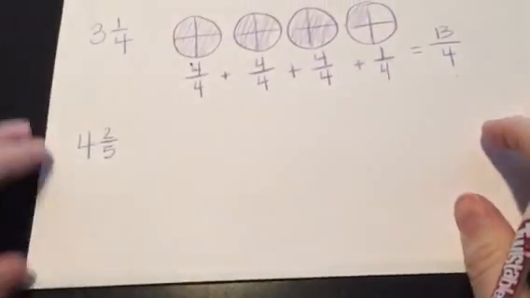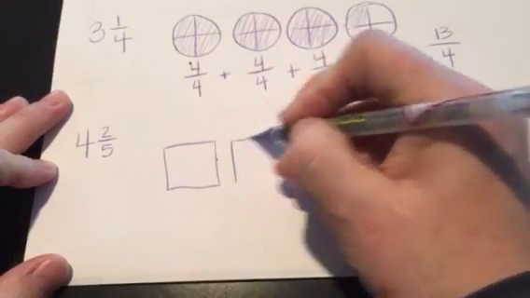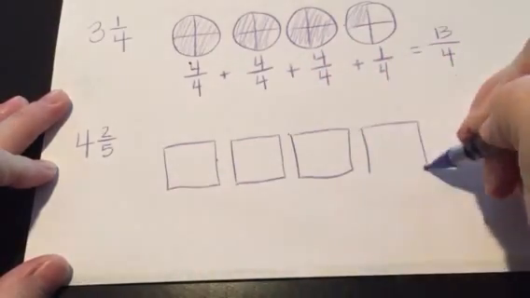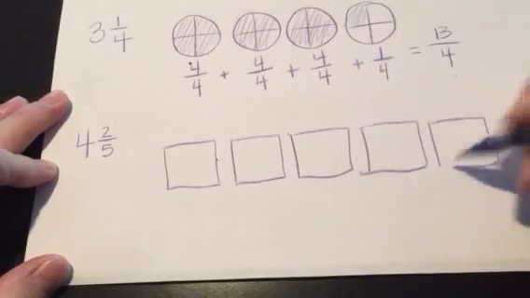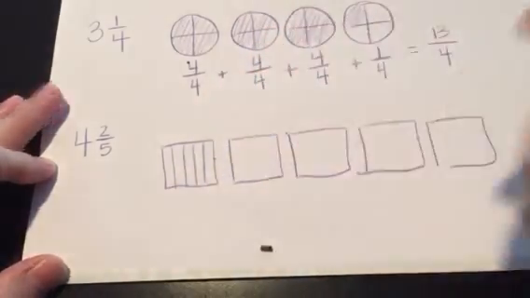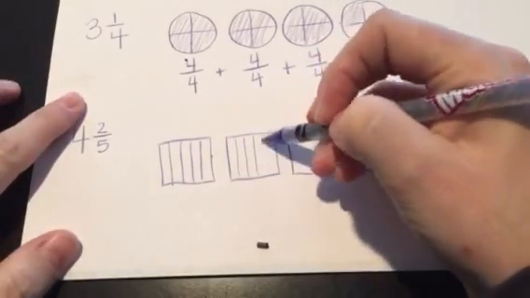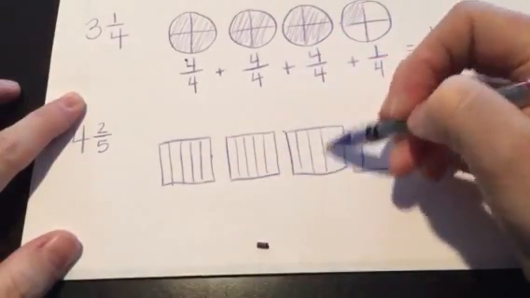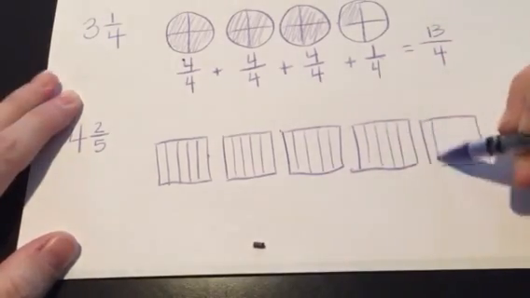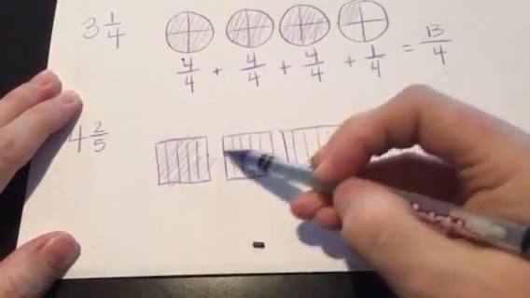Let's look at 4 2/5. So I'm going to draw my 4 wholes. One, two, three. All right, so I'm going to shade in my wholes.